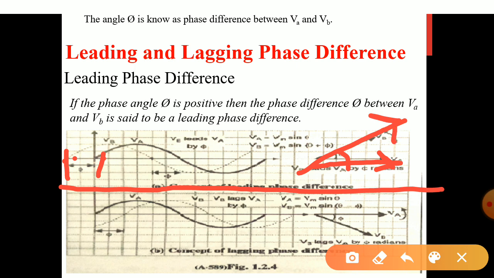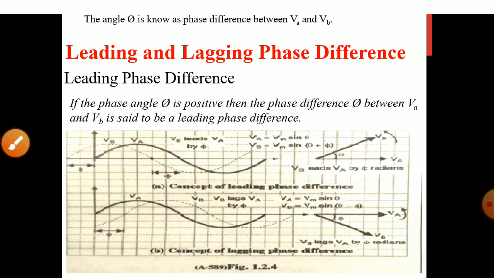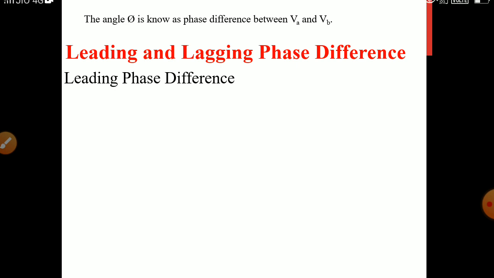As both are of the same value, the magnitude part, this much and this much, will be the same. And the angle, the phase difference, will be shown here. This was leading phase difference. Who is leading? VA is the reference, so VB is leading VA. How much angle? That is phi angle.